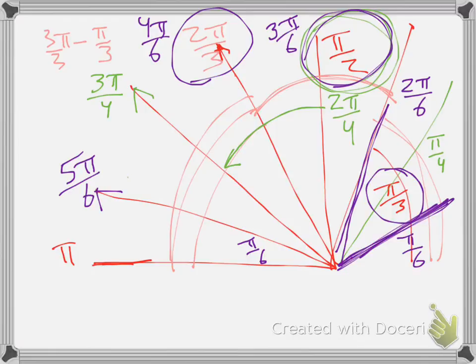And if I add another 30 degrees, or pi over 6, I'd be at 6 pi over 6, which is pi. So that same process is going to go around the circle, and around the circle. You just keep on adding pi over 6s, pi over 4s, pi over 3s, and pi over 2s. Are there any questions on that?